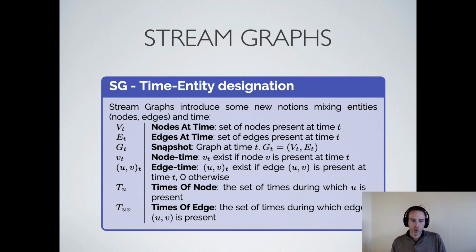Then we define a node time as lowercase vt. It means that vt exists if node v is present at time t. And similarly, there is an edge time. The edge time means that the edge uv exists at time t.